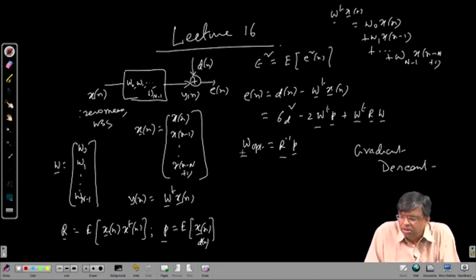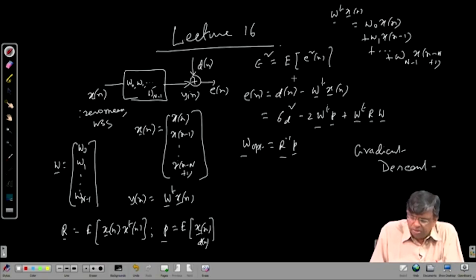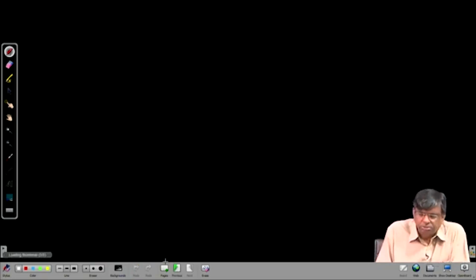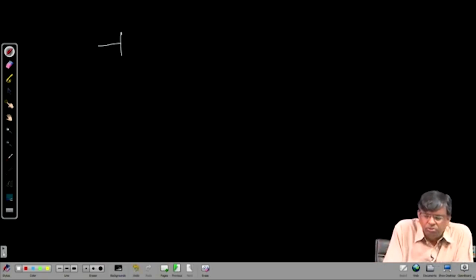To go to that step, we first note that if I plot this epsilon square as a function of all these weights, it will be a quadratic surface, a quadratic function, so it will have a unique minima. Let me show this by taking an example of just one filter coefficient, not W0, W1 and all that.